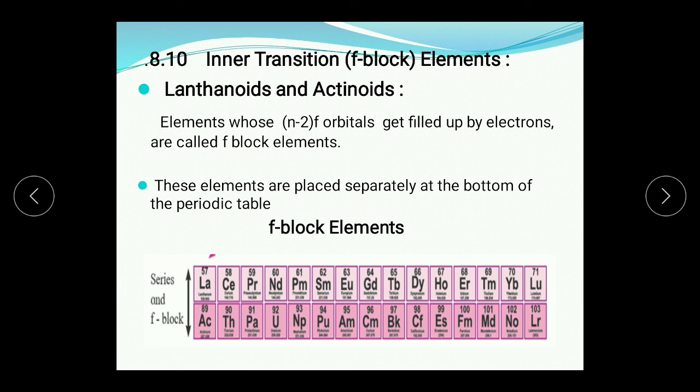Understood? So as the f orbital is located at the inner position related to D block, hence these are called inner transition elements. Understood? Okay, so let us just conclude what we learned now.